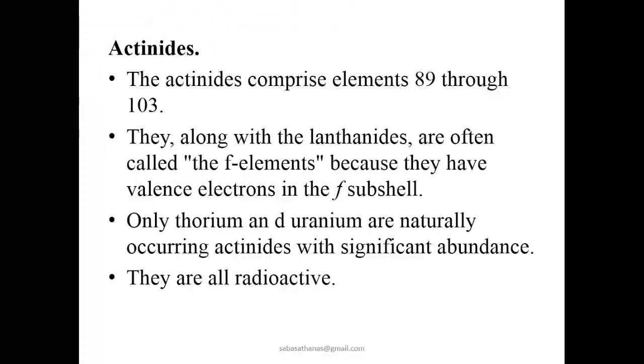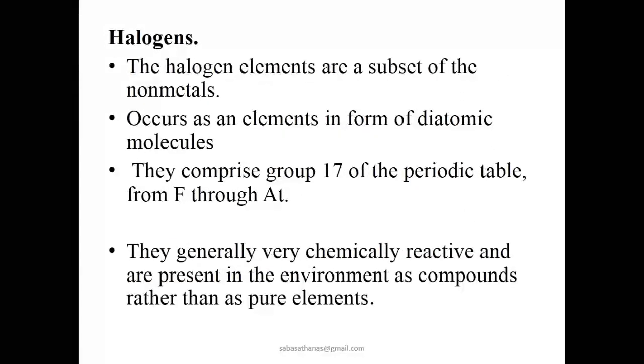Only thorium and uranium are naturally occurring actinides with significant abundance. They are all radioactive. Radioactive means ni rahisi ku undergo radioactivity, kwa ndio maana sio rahisi kuonekana, lakini zipo.